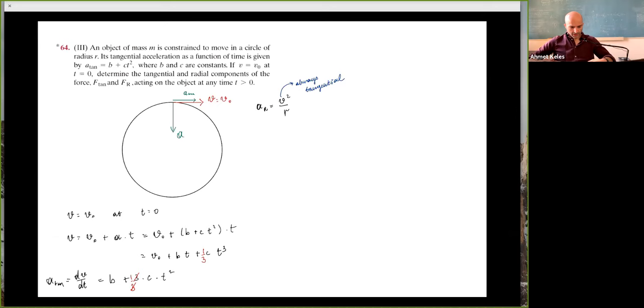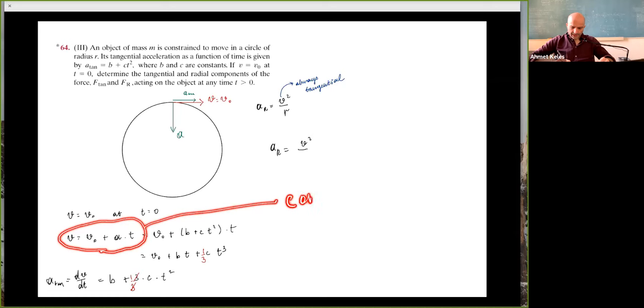Okay, this was the first step, right? Now we have v at any given moment. And from radial acceleration, I know what to do. If you look at this result, when we derived it, it assumed constant acceleration.